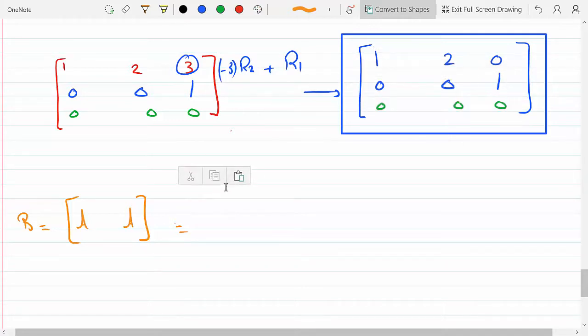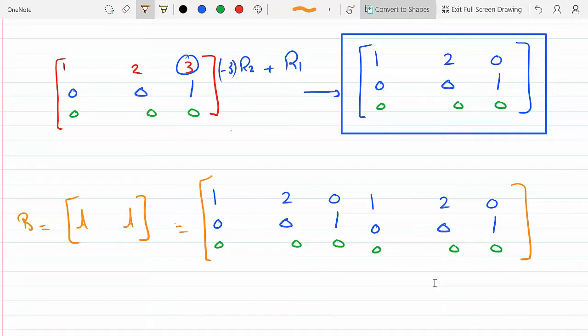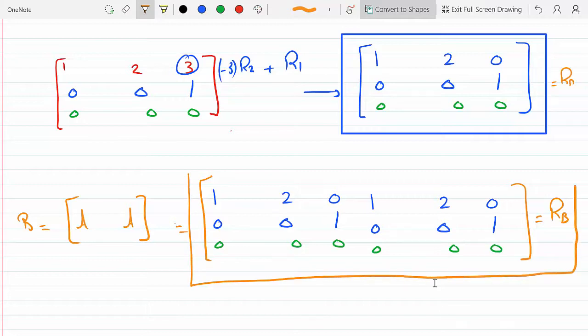This is going to be 1 here and 1 here, and notice this is all zeros. Okay, so this is already reduced. So this is the reduced form of B. This is our B, this was our A. So that does it here.